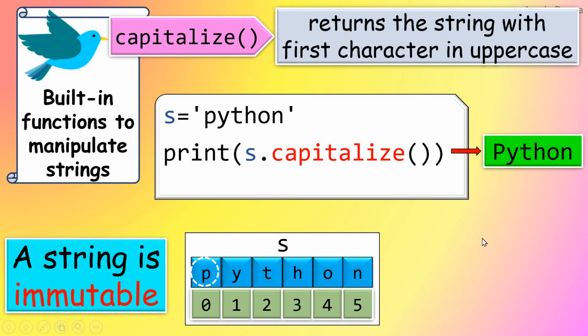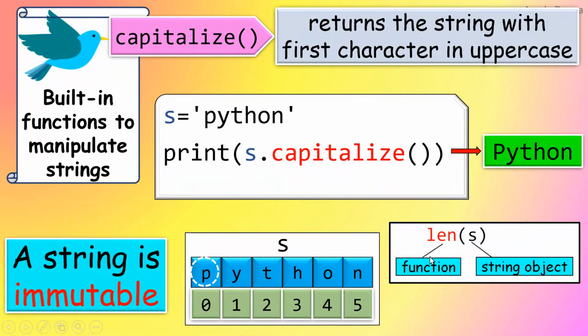And also recall the format of the len function. First you have to write the function len, and within parentheses you have to give the string object. Look at how the capitalize function is used. Capitalize is the function name followed by the parentheses.